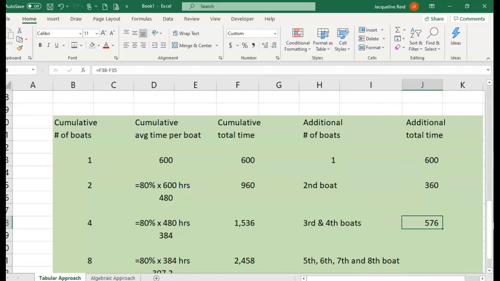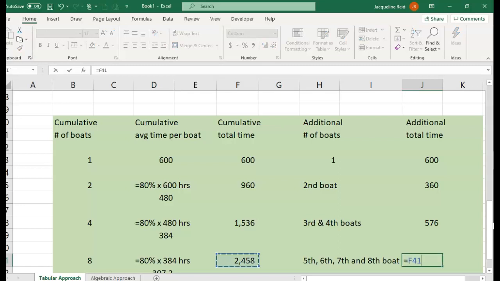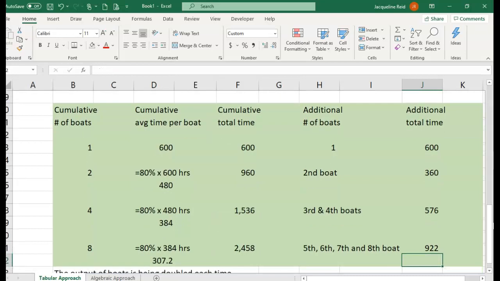In the last instance, we're looking at 8 boats being made. The previous 4 boats took 1,536 hours. That's the expected time. So the additional 4 boats would take 2,458 minus 1,536. So the additional 4 boats should take 922 hours.